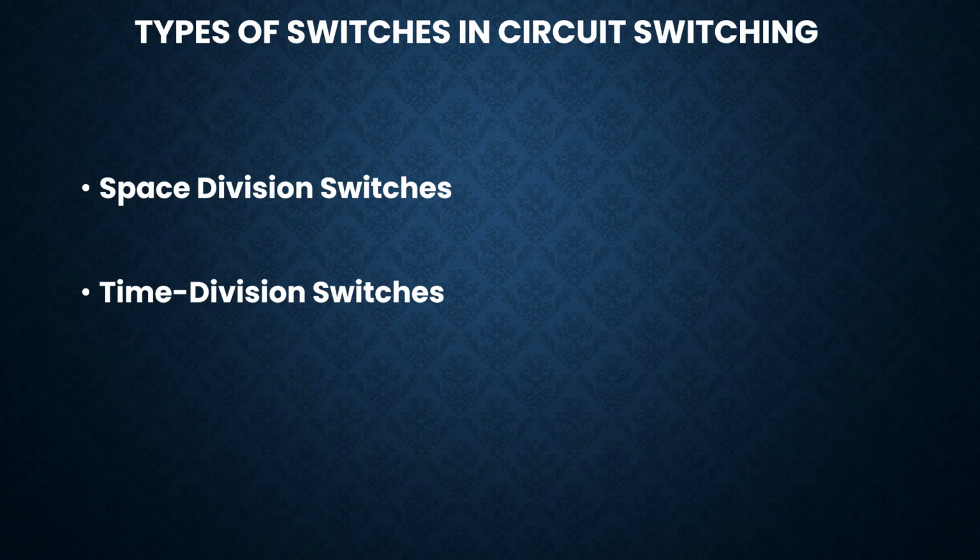There are no cross points shared in space division switching, whereas cross points can be shared for shorter periods in time division switching. Time division switches are used by modern devices, and in this technique time division multiplexing is used inside the switch, known as time slot interchange.